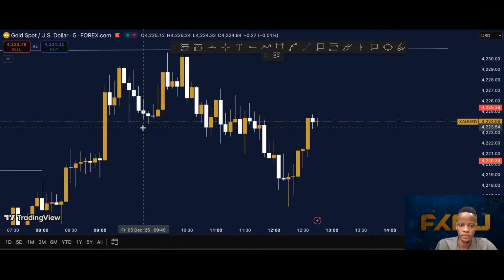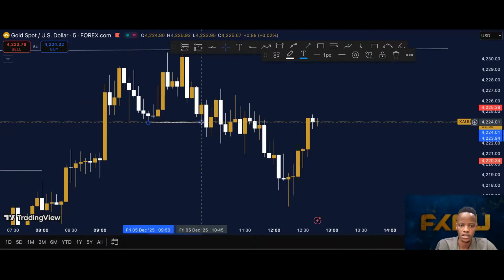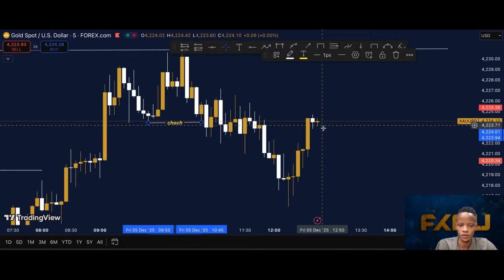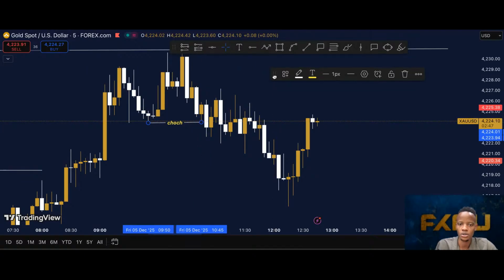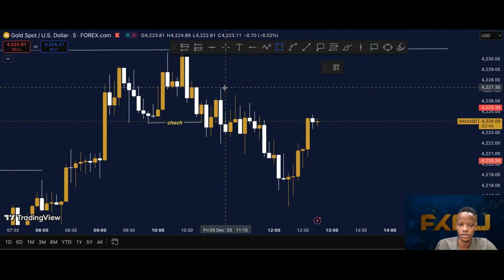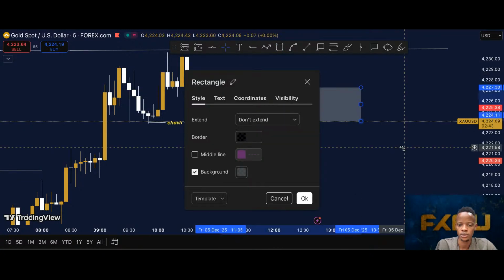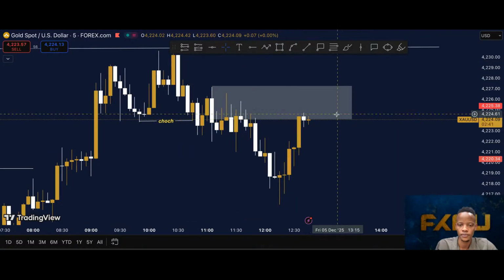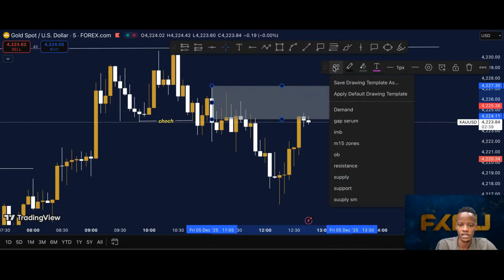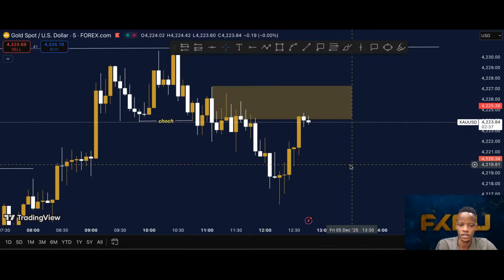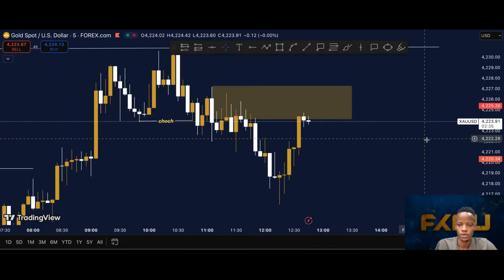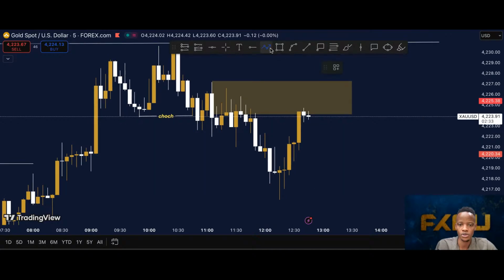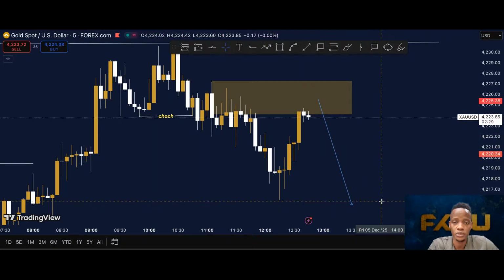I see several breaks, and this is actually our change in character. I wanted to enter off of this, but I hesitated. I still thought gold was going to go up, but it just went down. Okay. May have this area of resistance, supply, whatever you can name it. So I'm thinking price is going to shoot from here up to down, but I'm currently waiting for that confirmation.